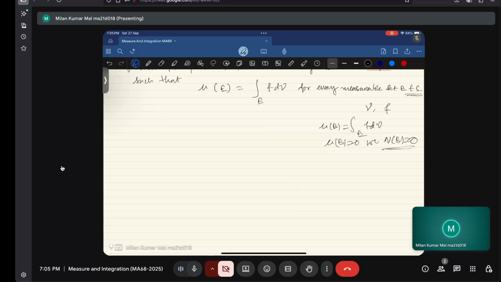Okay, so that means in this case mu is absolutely continuous with respect to nu. But the converse is also true: if mu is absolutely continuous with respect to the measure nu, then there exists an integrable function such that this holds. This is called the Radon-Nikodym derivative.